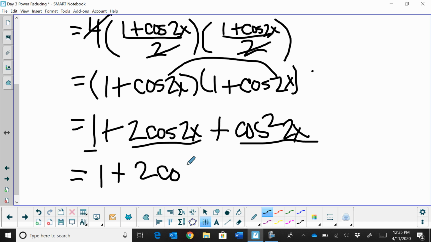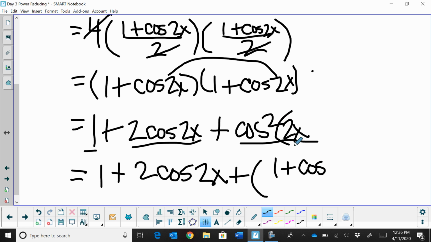So let's bring down our first two terms, 1 plus 2 cosine 2x. And then let's replace this with the double angle formula. Well, for cosine, it's 1 plus cosine, and then I have to double my angle.